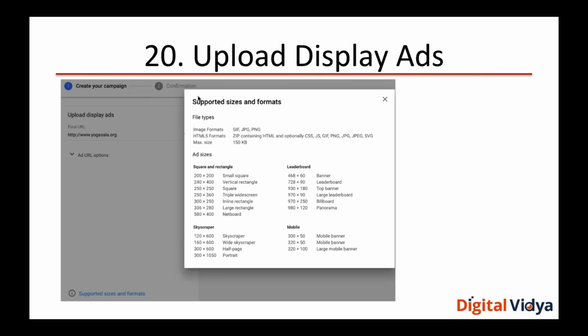And depending upon the kind of dimension you want, square, rectangle, banner, leaderboard, or skyscraper, those vertical ads, they have to create an ad within those pixel sizes. Is this clear? So there is no work for you actually. Once the designer has made these ads based on these criteria, you just have to select it from your laptop and upload it over here.